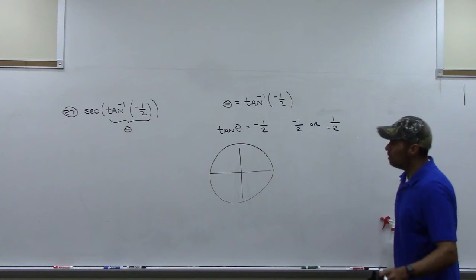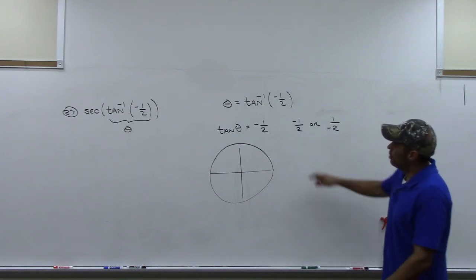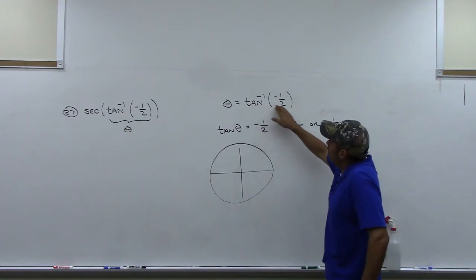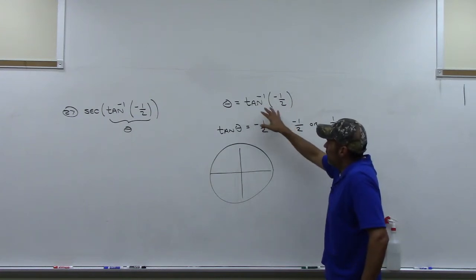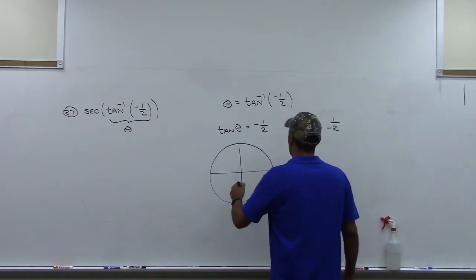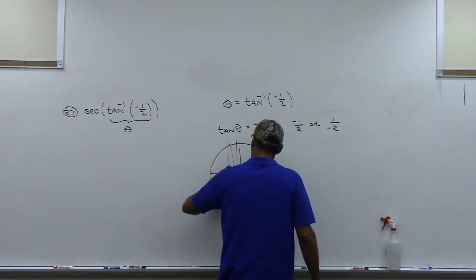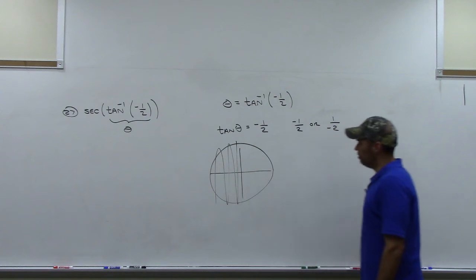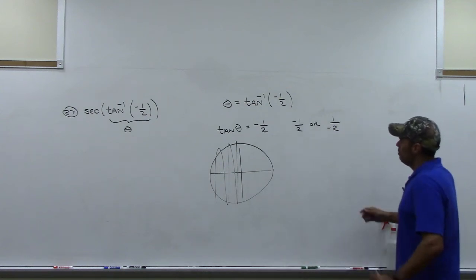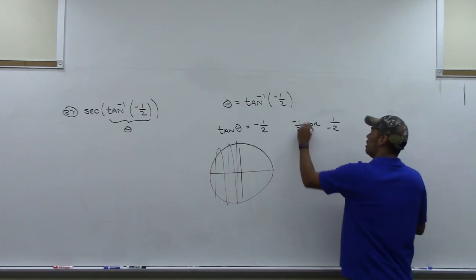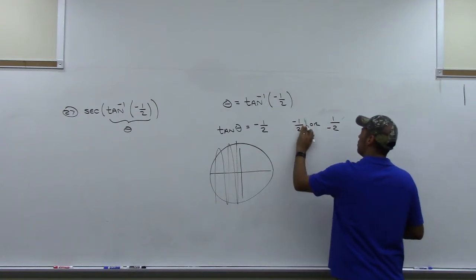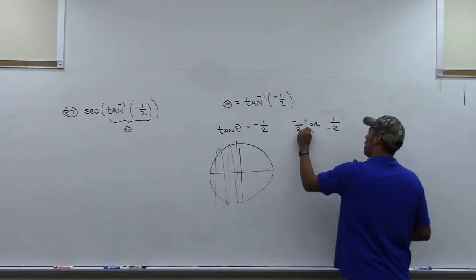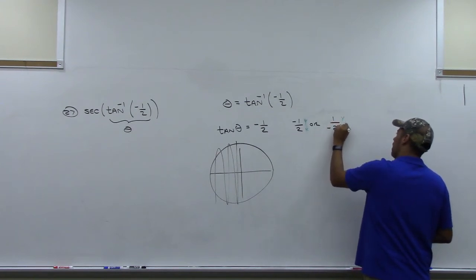Well, remember, if you are using arctangent, the angle it's got to spit out, this angle theta, must be between negative pi over 2 and pi over 2. So remember, this is the y-coordinate divided by x, y-coordinate divided by x.